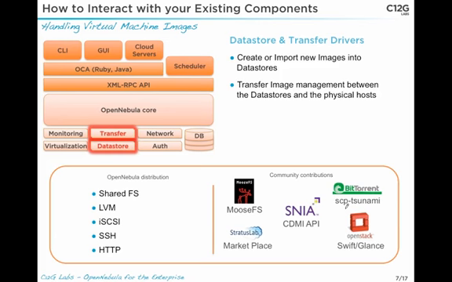Also some drivers to do parallel SCP copies in kind of a BitTorrent fashion. There are also drivers for the CDMI standard, drivers for the StratusLab marketplace, and drivers for the MooseFS file system.